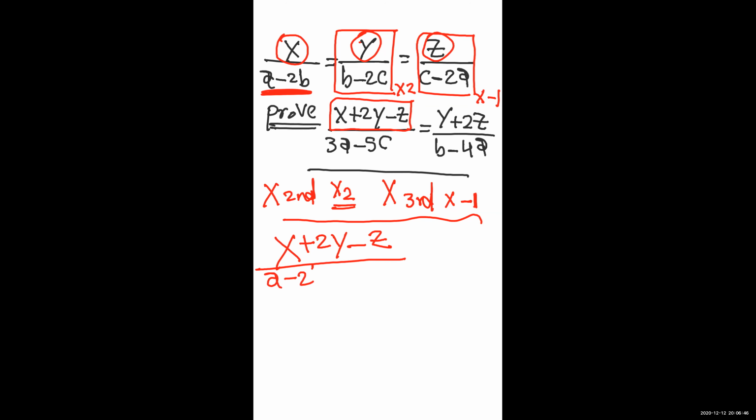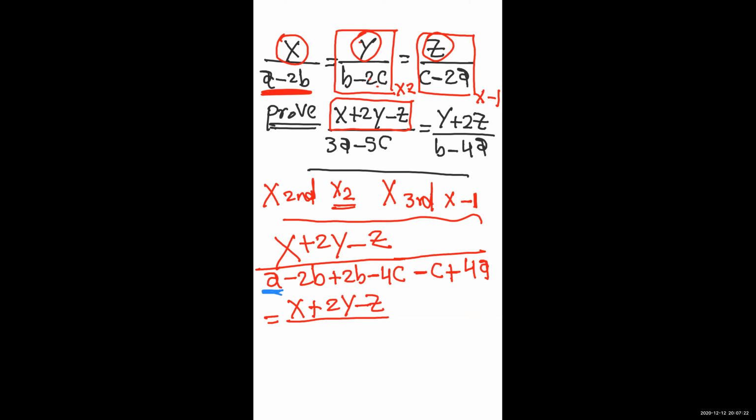The second we multiply by 2, so plus 2b minus 4c. Then the last one we multiply by negative 1, so negative c plus 4a.